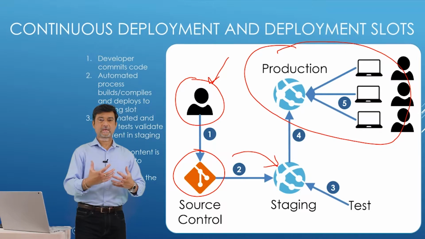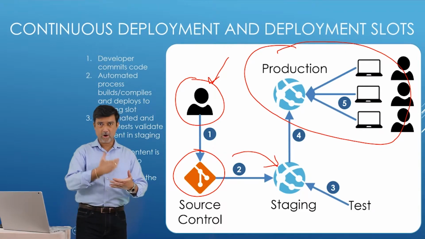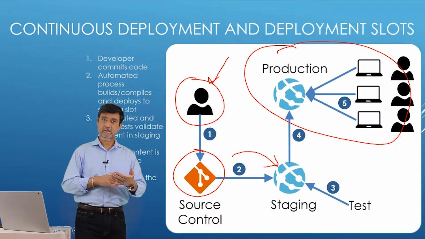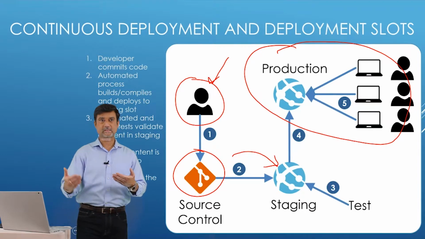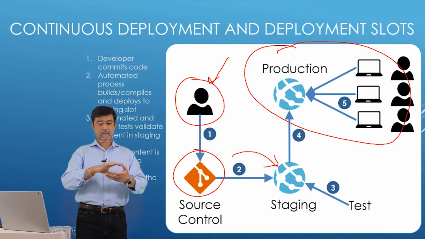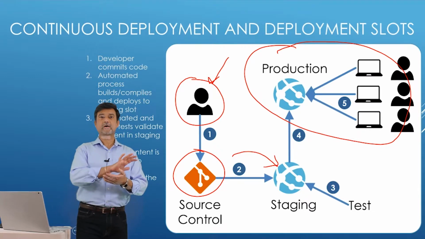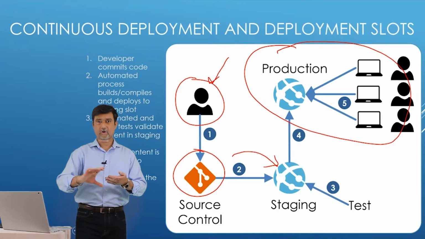So it uses the newer version of the code on that slot, so developers can test, and then you can give it to your test team to test. It is technically living on the same service plan, on the same hosting environment.